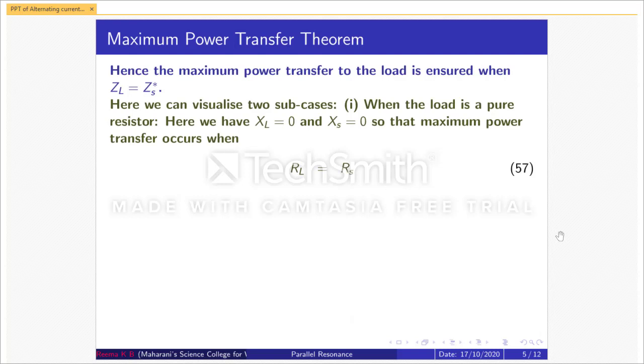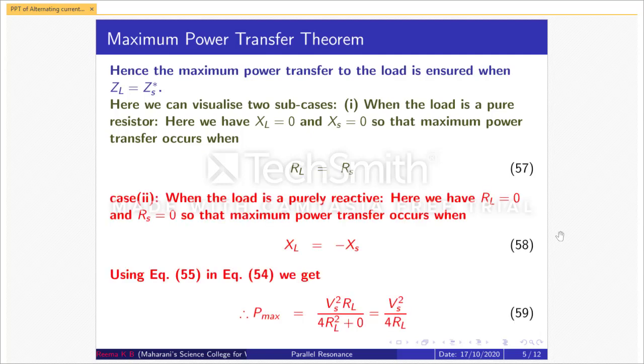Here we can visualize two subcases. One, when the load is a pure resistor. Here we have XL = 0 and Xs = 0, so that maximum power transfer occurs when RL = Rs. Case 2, when the load is purely reactive.